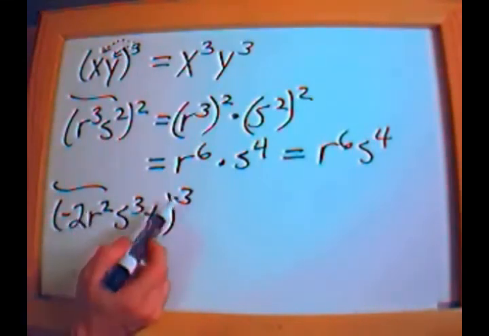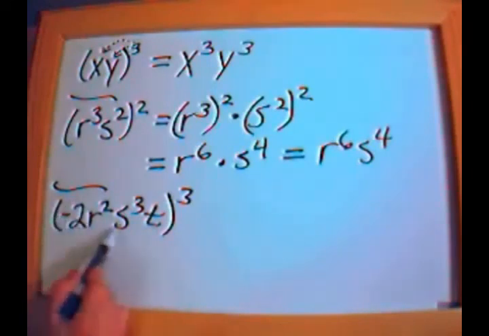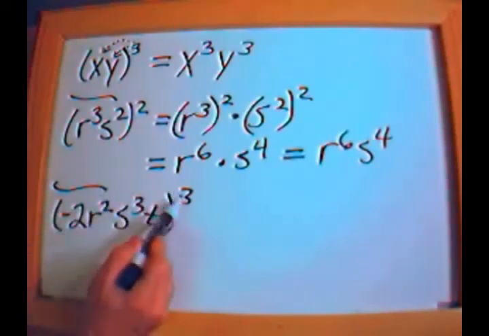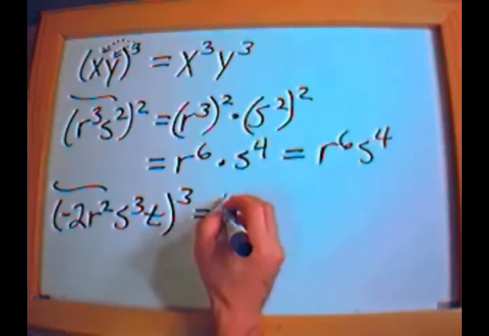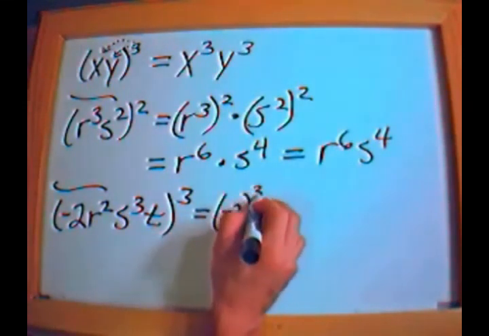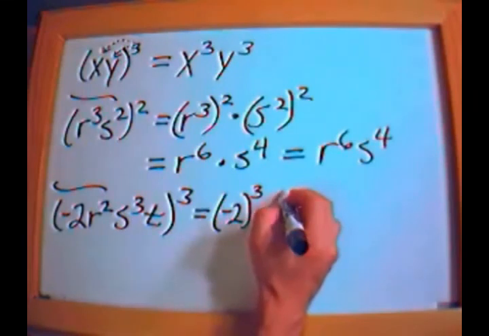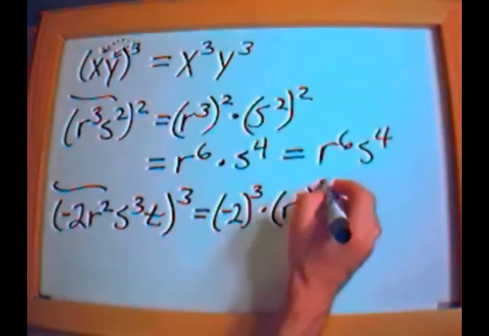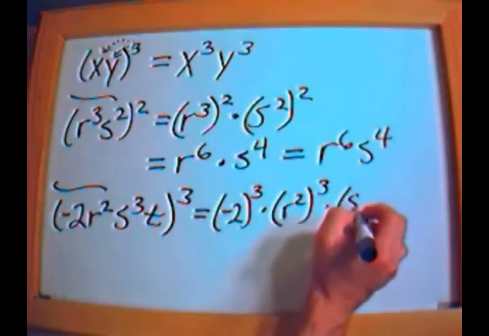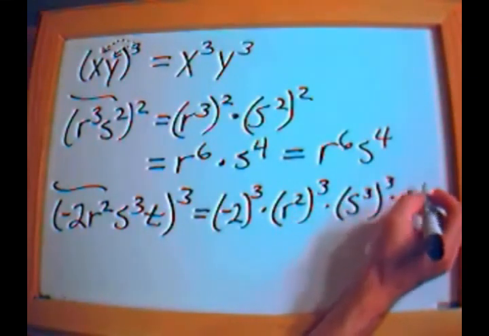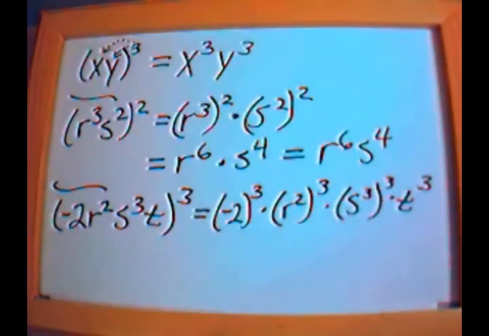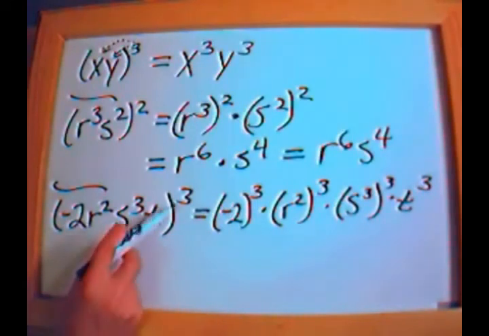There's no way I can simplify this, but when this exponent gets applied to the whole thing, it's applied to each thing individually, kind of like the distributive property. So what I've got is negative 2 raised to the third times r squared raised to the third times s cubed raised to the third times t raised to the third. And all I did here was take each individual term and raise it to the third power, and they're all multiplied together.